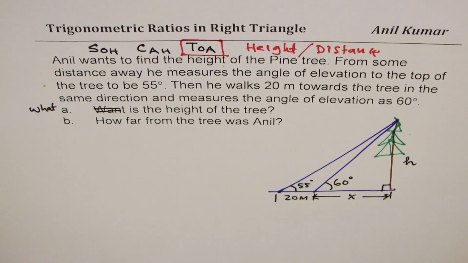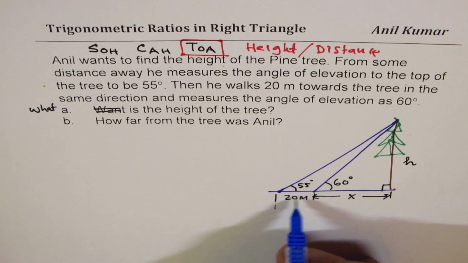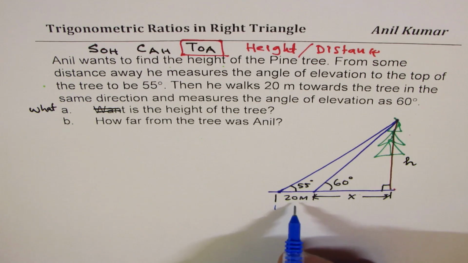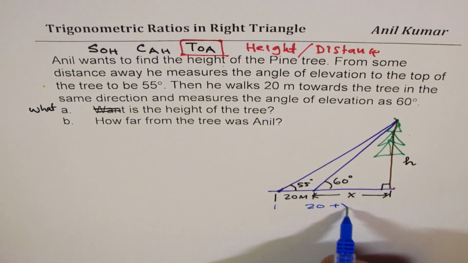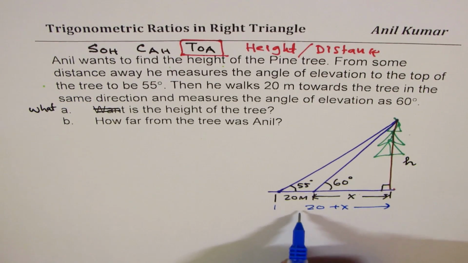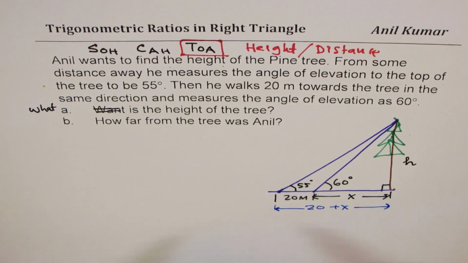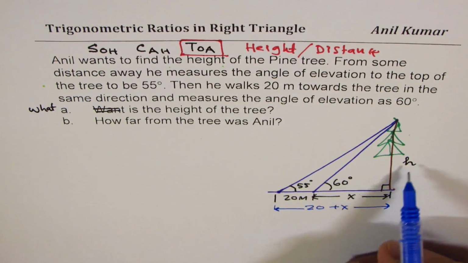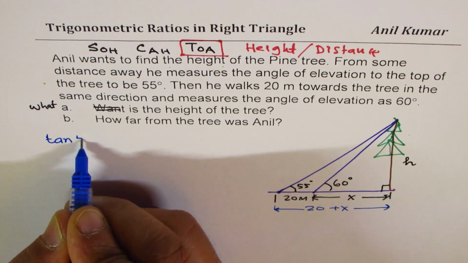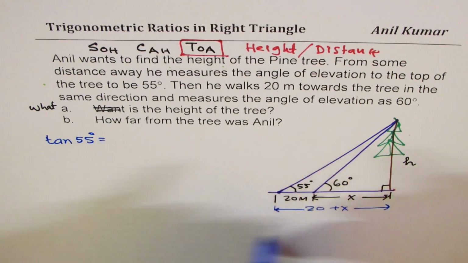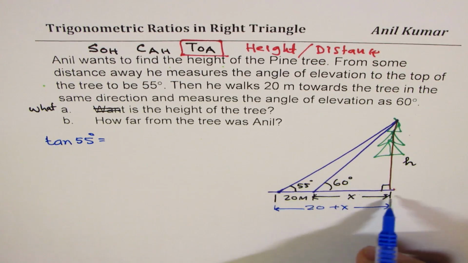So if you have height and distance, then that is the key for you most of the time. Okay. Now this question becomes slightly tricky since we are given these two dimensions. Take it as a whole, that is to say, this is 20 plus x. Do you see that? Now it becomes a simpler problem. So we could use tan theta. So tan of 55 degrees will be h over the big triangle, right?